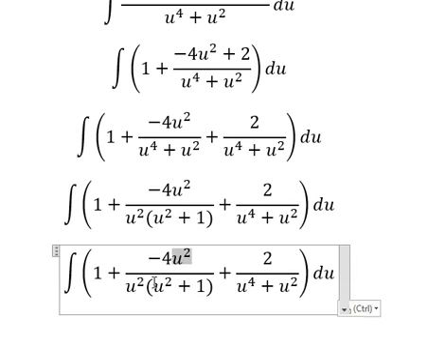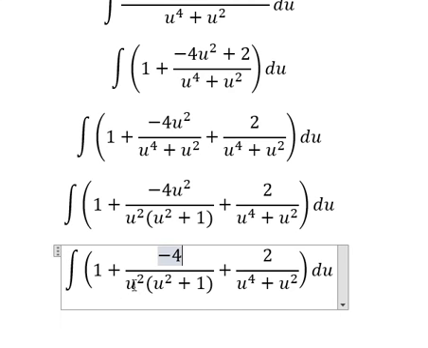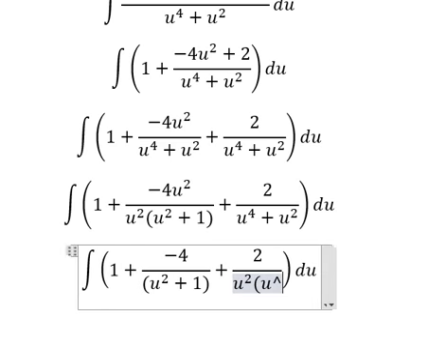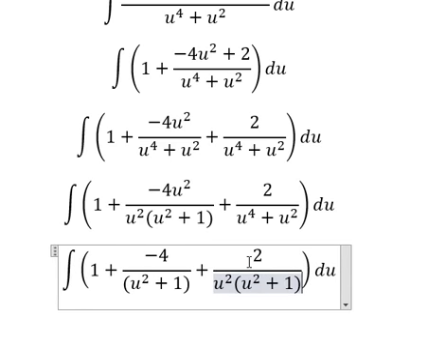So u squared divided by u squared, we have number 1. This one. So I will put number 2 outside.